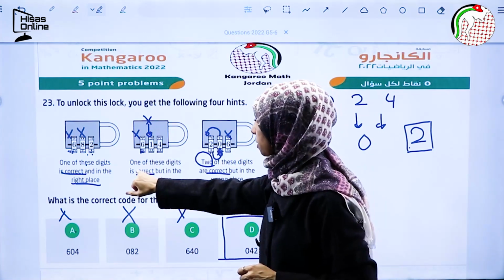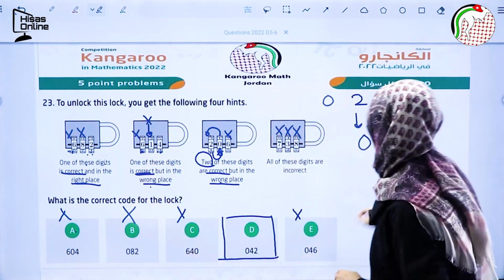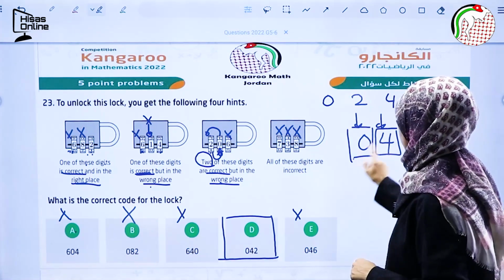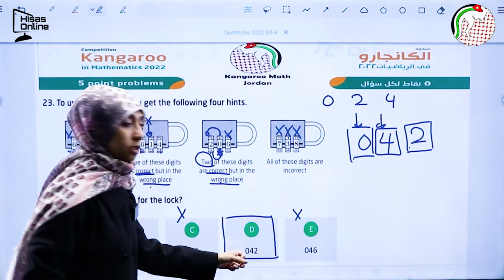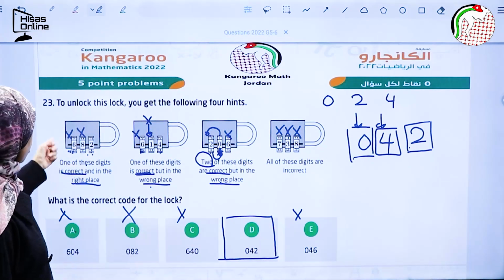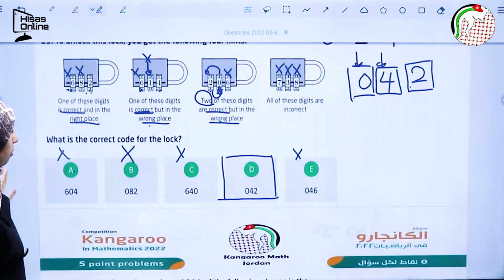Zero is here, and at the end 4. It's a correct number, but it's in the wrong place, and this is the place for 4, and 042 is the right key for this lock in order to be unlocked. So D is the right answer.